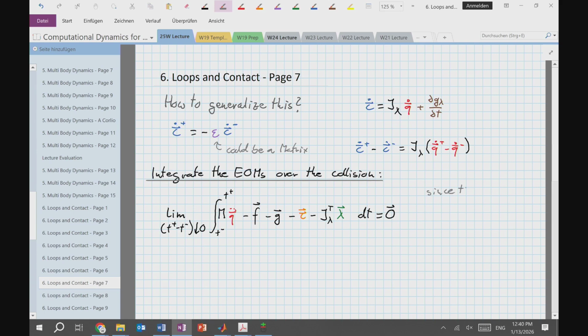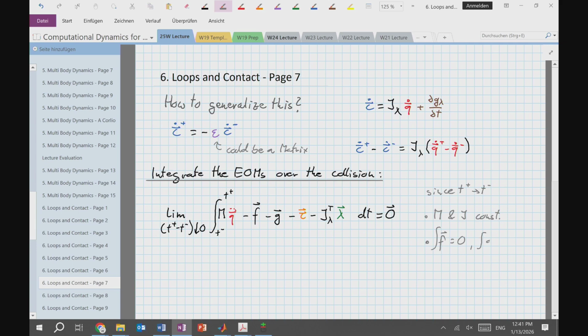So since I let t plus go towards t minus, or the difference go towards 0, my mass matrix M and J are going to be constant, or I can treat them as constant variables. My Coriolis forces are finite, which means that the integral over them, over something finite, over 0 duration, is going to be equal to 0.